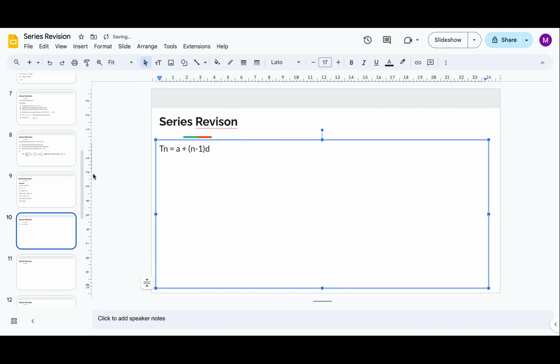Now, if I want to know how many terms are in my series, the last term will tell me how many terms there are.